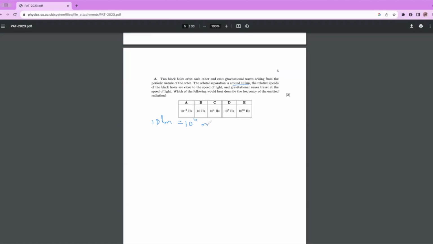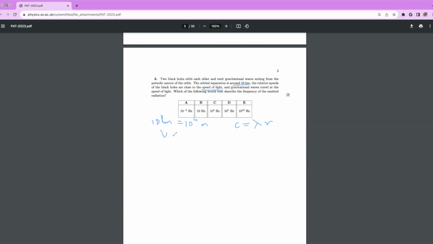And now it's asking for the frequency, and it mentions the speed of light. So I'm going to use the only formula that I know, which is c, the speed of light, is equal to lambda times nu, where lambda is the wavelength and nu is the frequency.